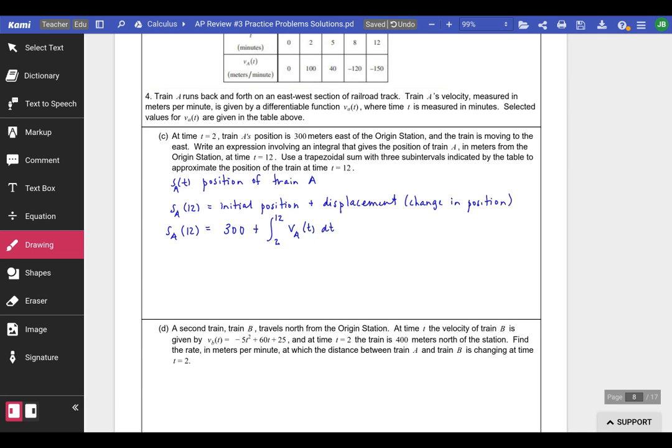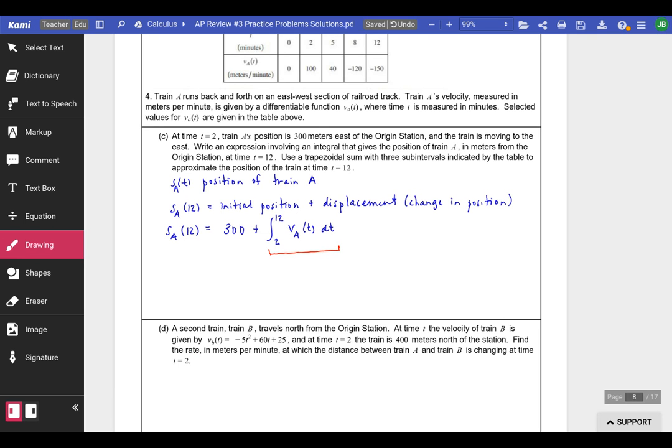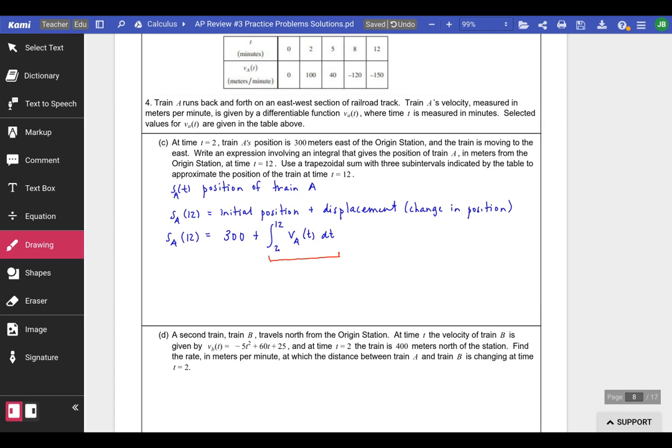Then it says to use a trapezoidal sum with 3 subintervals indicated by the table to approximate that position. So now what I need to do is actually use the trapezoidal approximation to approximate this value. So let's see what we have here. From 2 to 12. Now, that means I don't have to include the interval from 0 to 2.